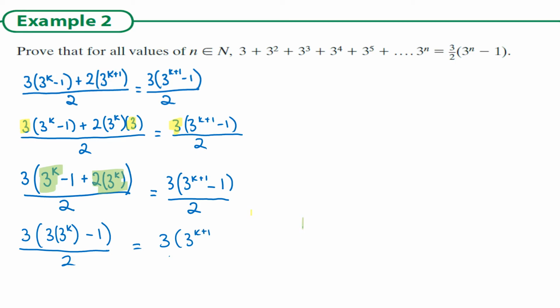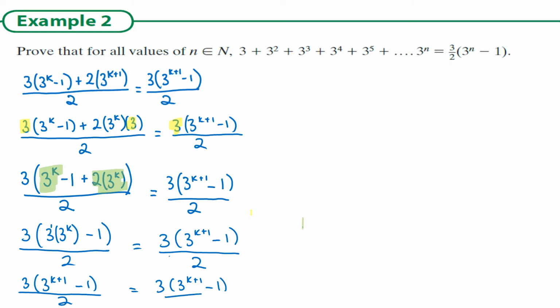And actually that 3 times 3 to the power of k is 3 to the power of k plus 1, because remember, this can have a power of 1. So that's 3 times 3 to the power of k plus 1 minus 1 all over 2.